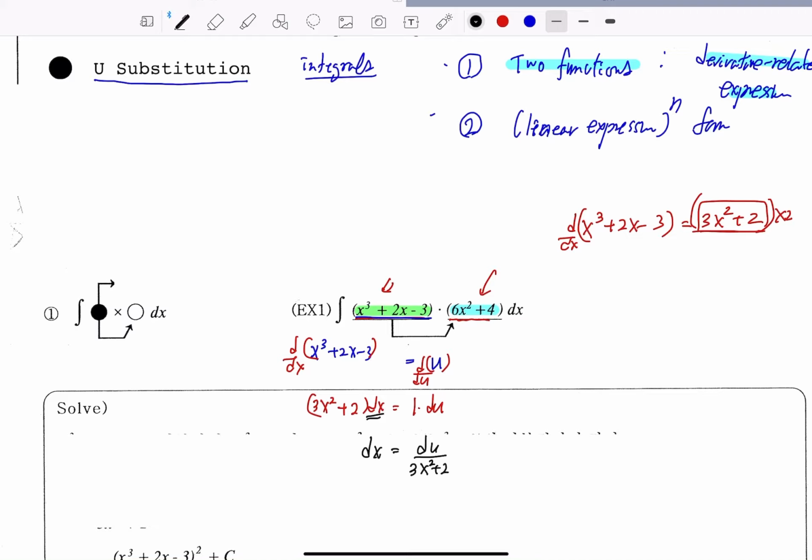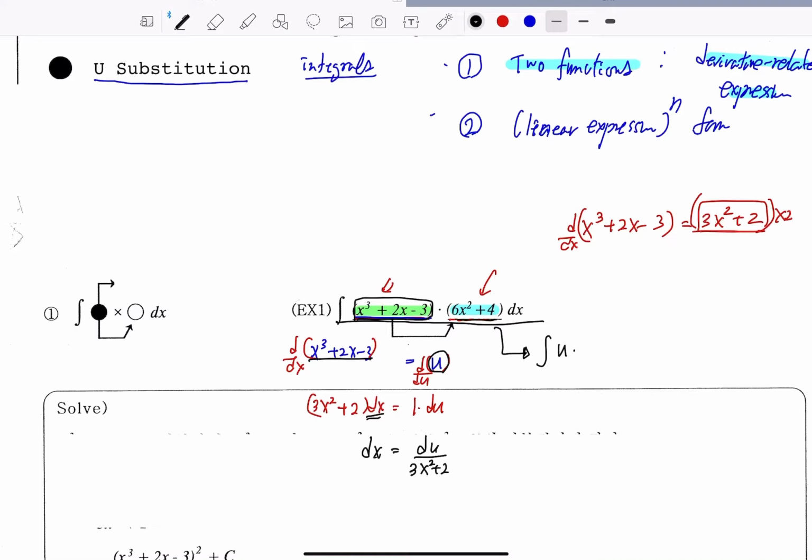And then you rewrite this given integral expression as another integral expression in terms of u. The first polynomial function is already substituted by u, so for that expression, you just use u.